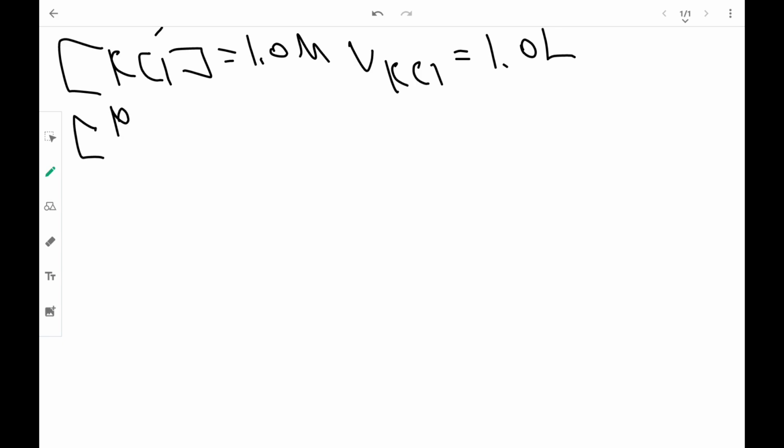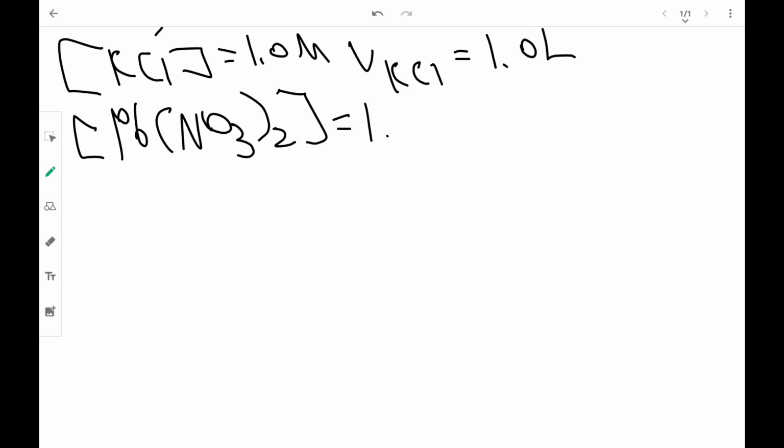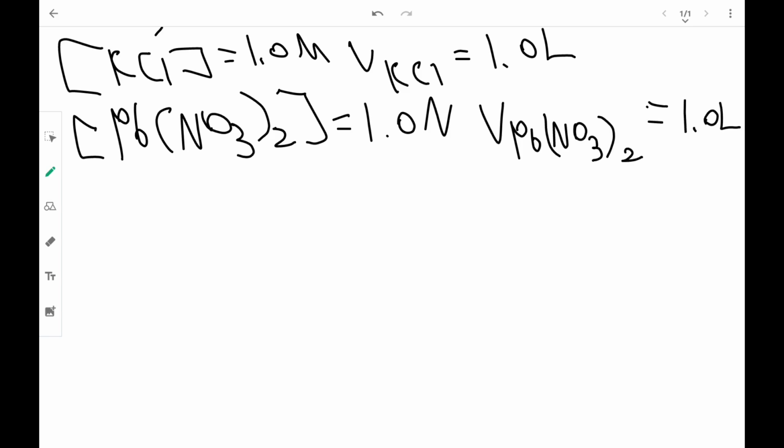And now for Pb(NO3)2. Our required to find is the mass of PbCl2.